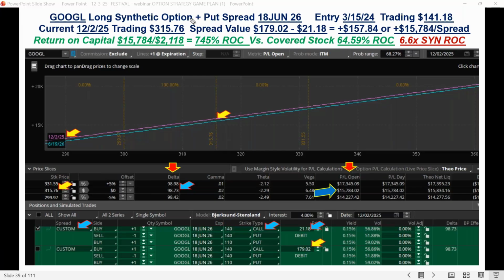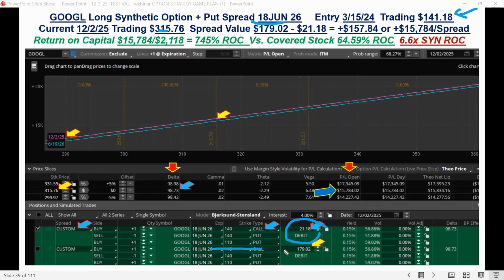So here's that example. This is where that put was going out using the 18 June 2026, and here's where it was trading when the trade was set up. And then yesterday, 315.76. So look at the value of this. The cost of this when it was set up was $21.18, or $2,118.